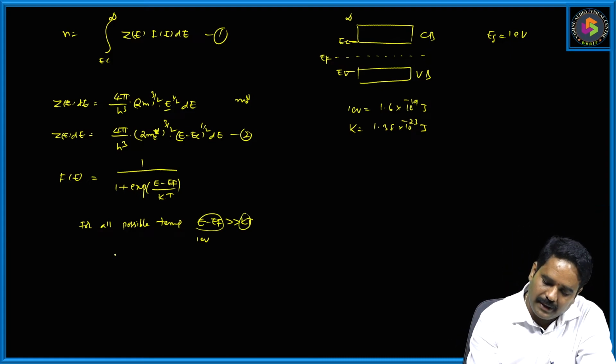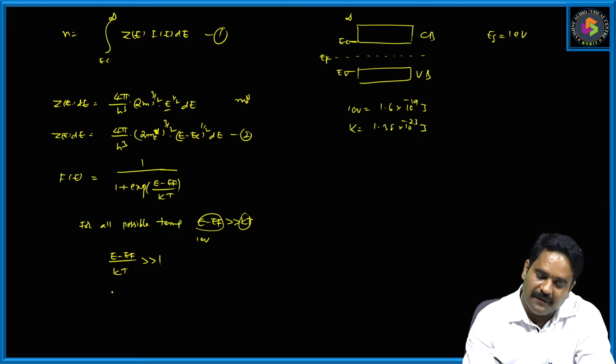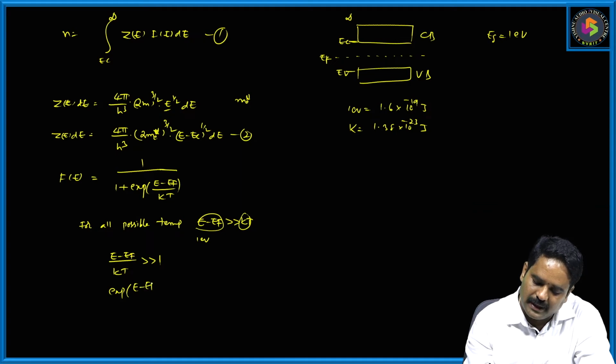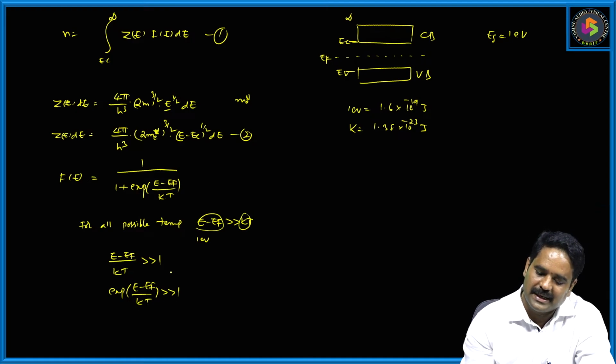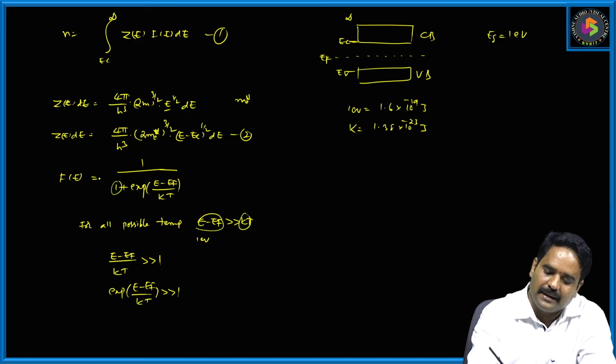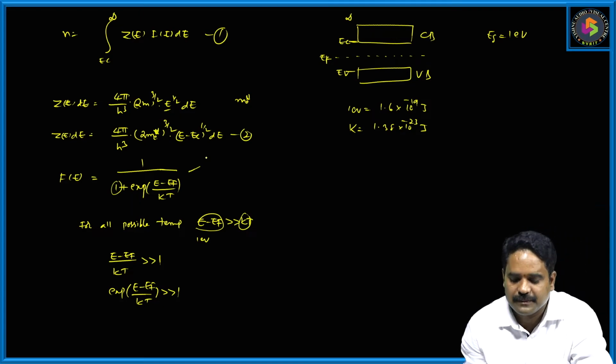So from this we can write E minus Ef by kT is much greater than 1. And if x is greater than 1, e power x is also greater than 1. Then exponential of E minus Ef by kT is much greater than 1. If e power x is much greater than 1, then 1 can be neglected from this Fermi-Dirac distribution function.